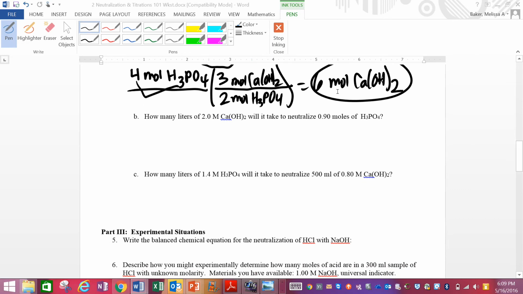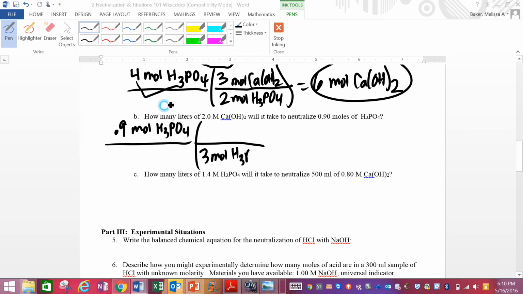How about letter B? How many liters of this 2 molar calcium hydroxide would you need to neutralize 0.9 moles of H3PO4? So again, it's the same first step. For every 3 moles of H3PO4, you need, oops, I wrote this wrong, sorry.